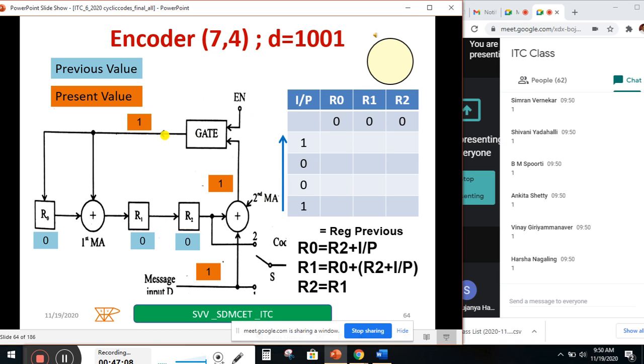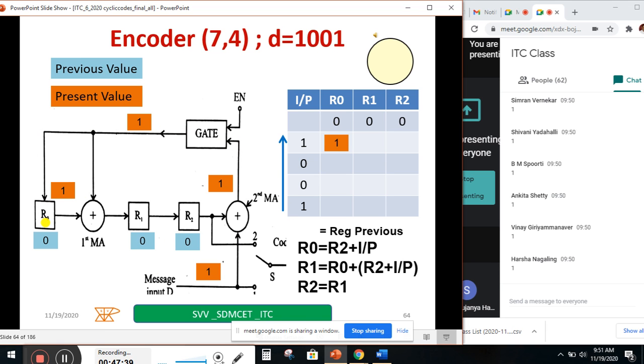This 1 will also come here as R0. Remember, all will happen at a time. I am explaining step by step, but it will happen at a time. When I use 0 and 1 as input, this will become 1, the 1 will come here, and R0 will become equal to 1. So I will write R0 equal to 1.